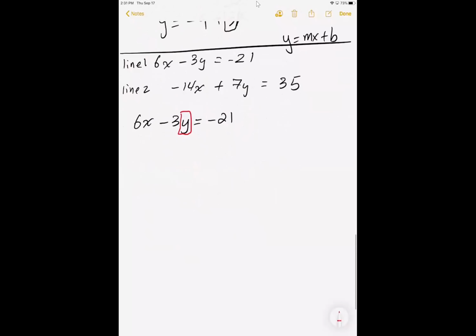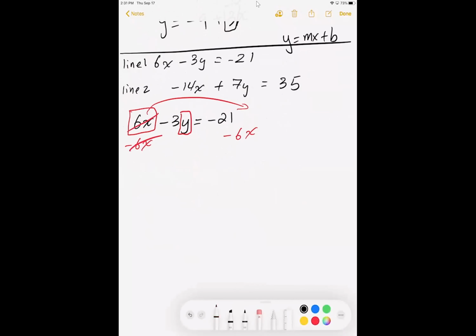So how do I get y? I need to subtract 6x to the other side, because 6x take away 6x, they disappear. And then I still have negative 3y equal to 21 minus 6x.